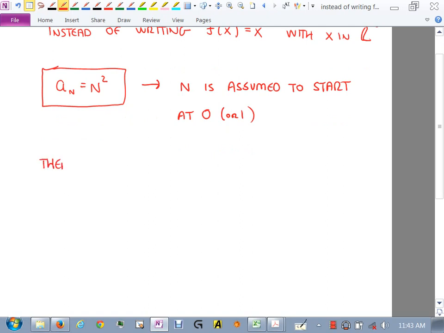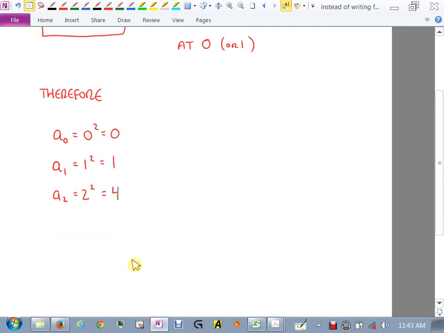Therefore, what would a sub 0 be? 0 squared, which is 0, right? What's a sub 1? 1 squared, which is 1. What's a sub 2? 2 squared, which is 4, right? A sub 3 would be 3 squared, which is 9.